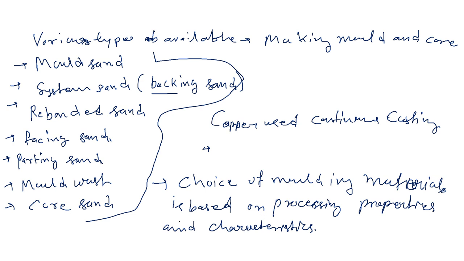Which material should be used depends on the desired characteristics and on which metal is going to be cast. So there are many characteristics of the molding materials.